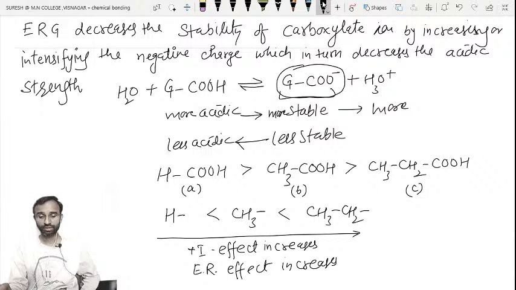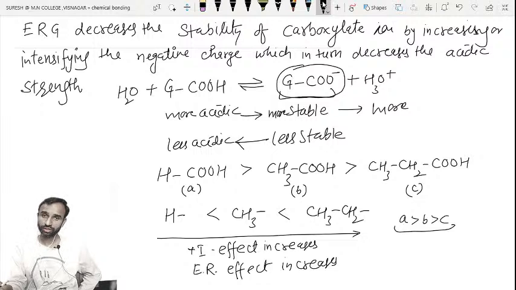Ashish, you are right. A is more acidic than B, B is more acidic than C. Order is A, B and C, because as electron releasing effect increases, carboxylate ion formed becomes less stable and so acidic strength decreases. That means as number of carbon atoms increases, acidic strength decreases.